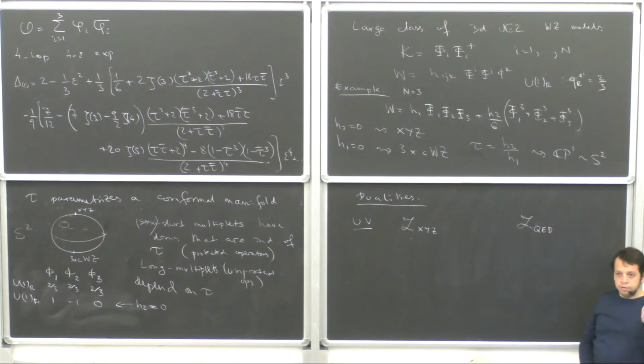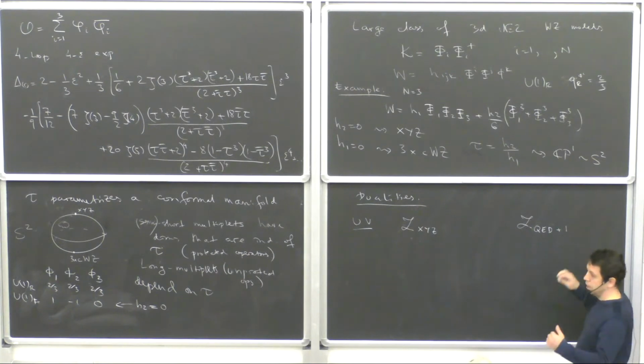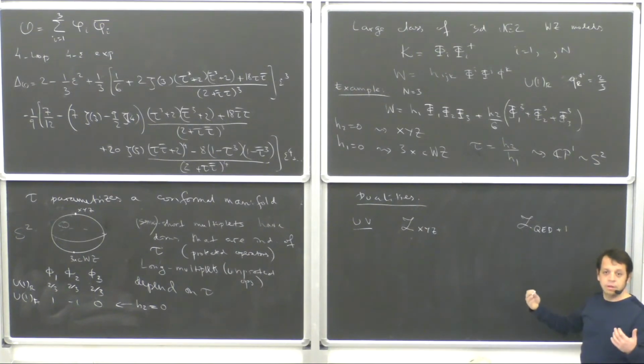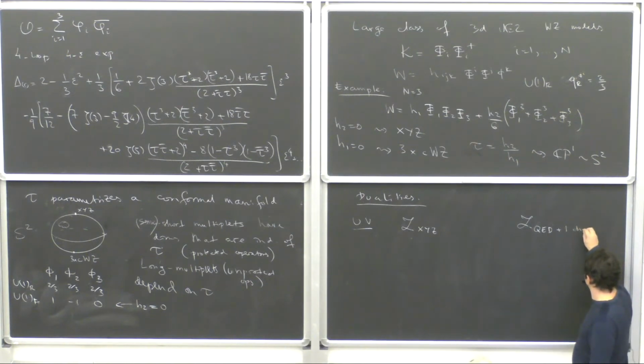So you have the gauge field, and you have a certain fermion also, which is a superpartner of the gaugino. And then you add one chiral multiplet in the fundamental representation of the gauge group. So one chiral. So that's your UV Lagrangian.